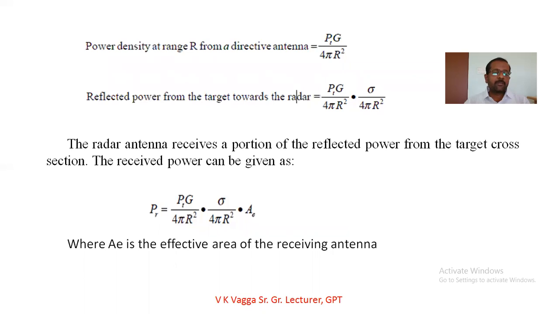The peak power is considered for the directive antenna, and the average power is considered for the isotropic antenna. So the power density at a range R from the directive antenna is given by PT into G divided by 4 pi R square. Already you know that it is PT divided by 4 pi R square.